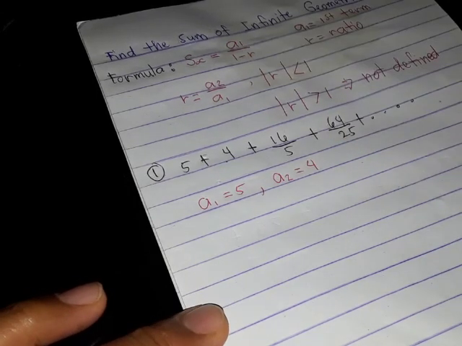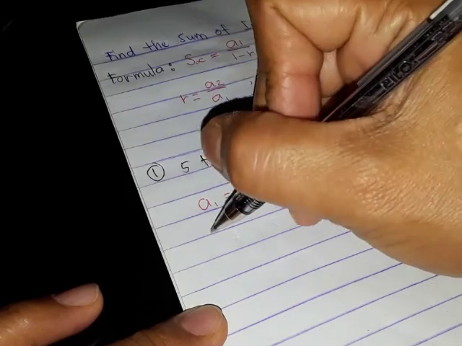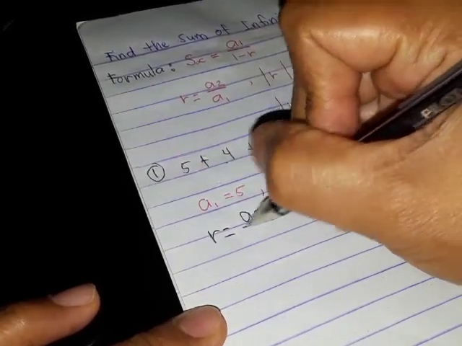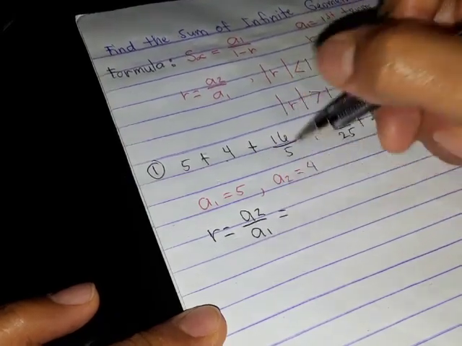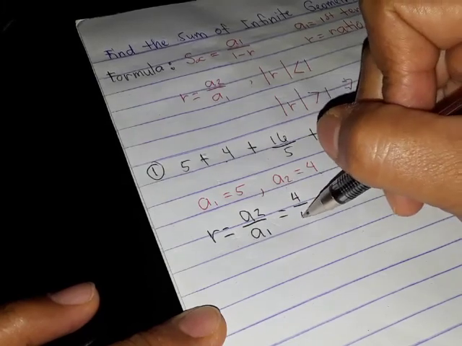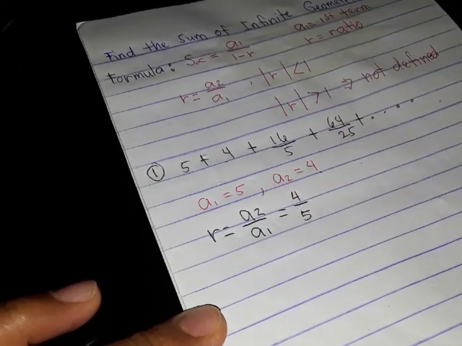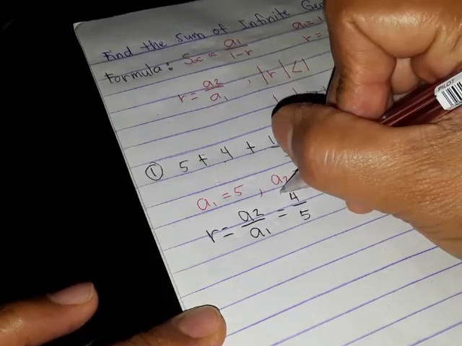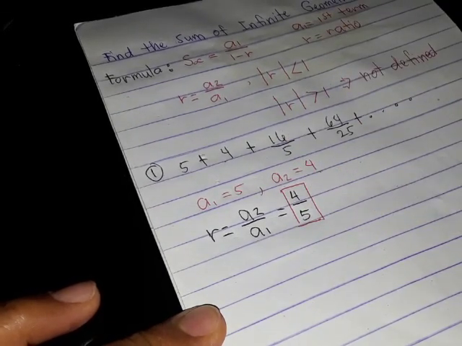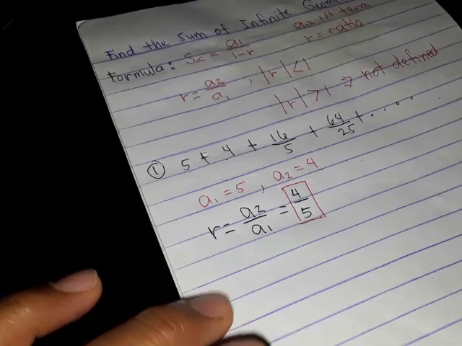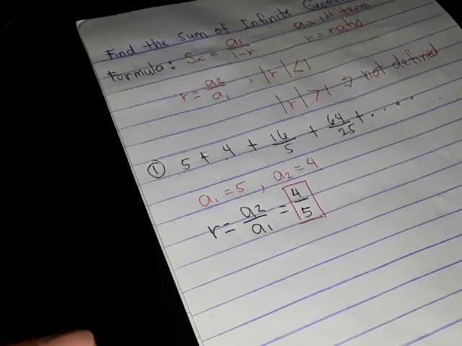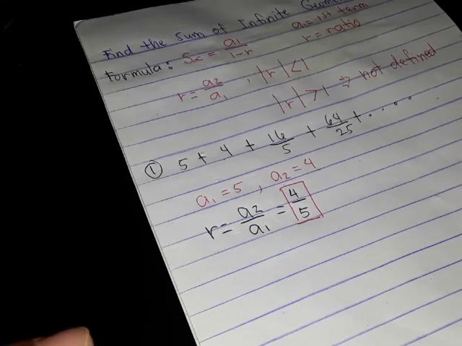So ang ating r ay a sub 2 all over a sub 1. Ang a sub 2 natin ay 4. Ang a sub 1 natin ay 5. So, ang ating r ay 4 all over 5. Next, since meron na ang lahat ng given, kailangan na natin siyang i-substitute sa ating formula.